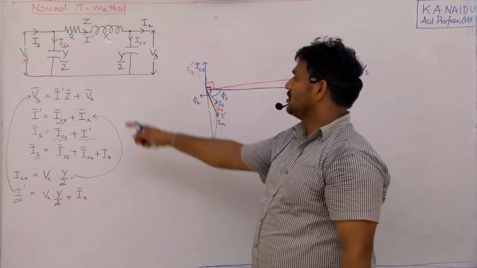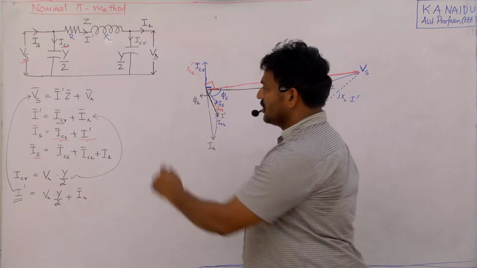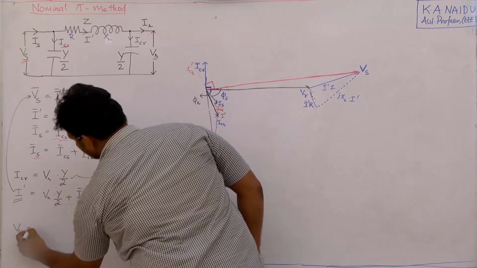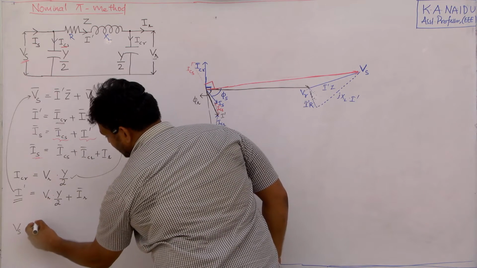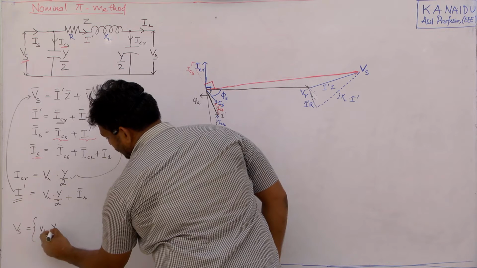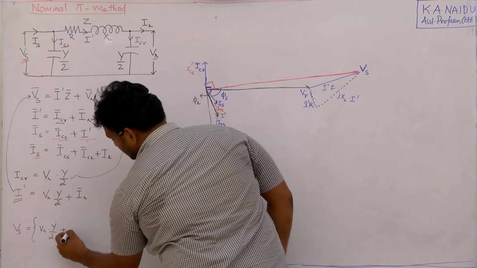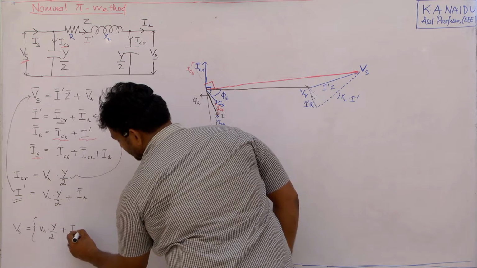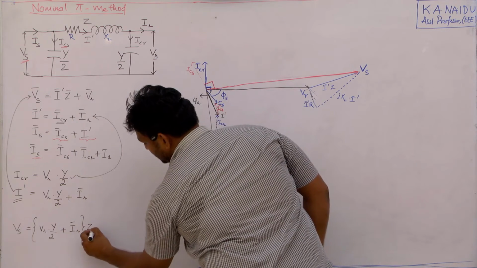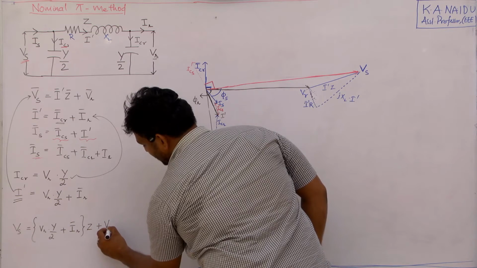Vs is equal to I dash into Z plus VR. So you substitute here. So Vs is equal to I dash, which is VR Y by 2 plus IR, into Z plus VR.